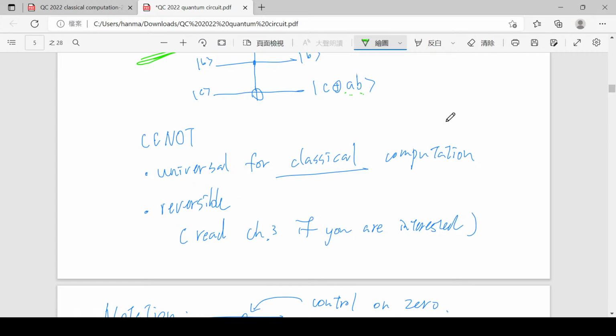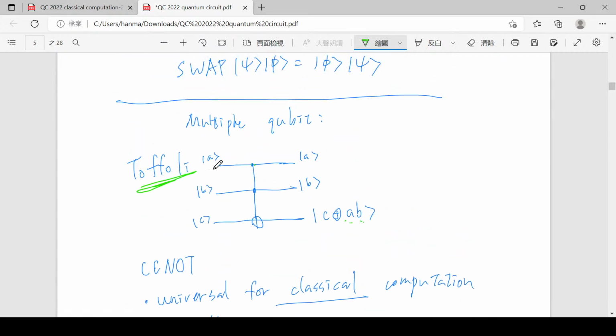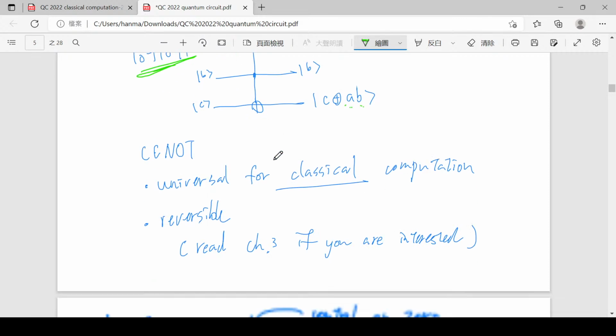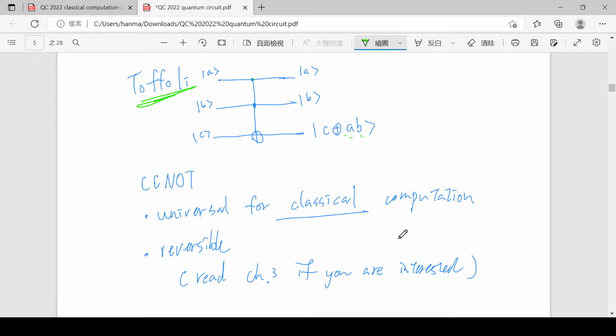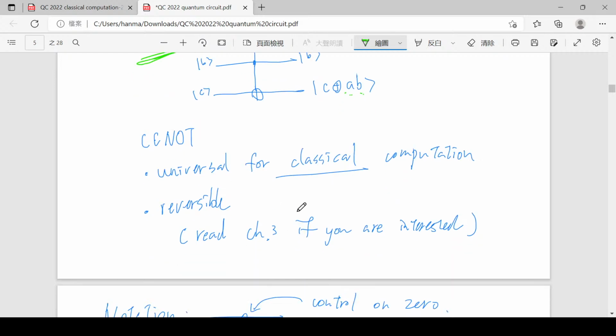So it's universal for classical computation and reversible, so it's nice as a basis to build quantum computation, because then you can do every classical computation in a quantum computer by doing a whole bunch of Toffoli gates, right? Because you can have Toffoli gates in a quantum computer, and it's also universal for classical computation. So you can just build classical computation in a quantum computer with Toffoli gates.